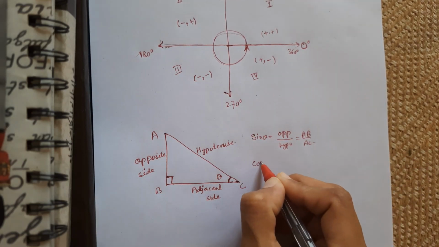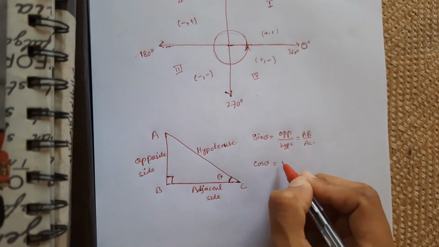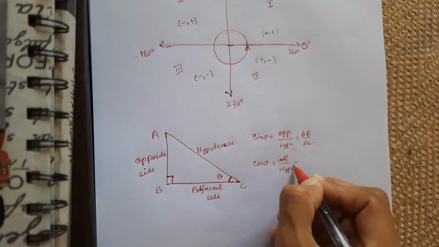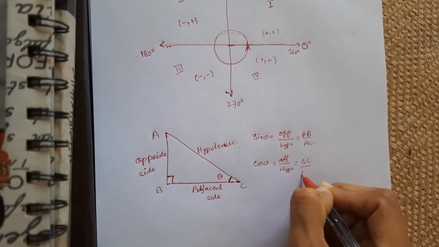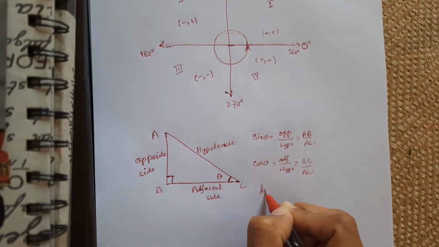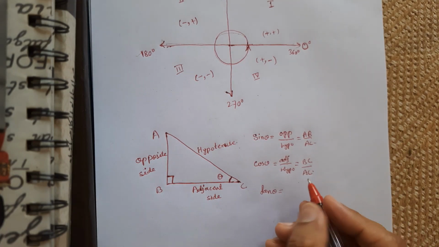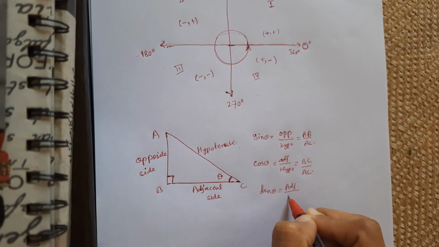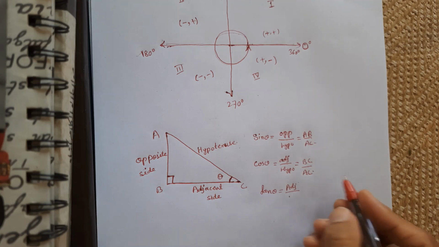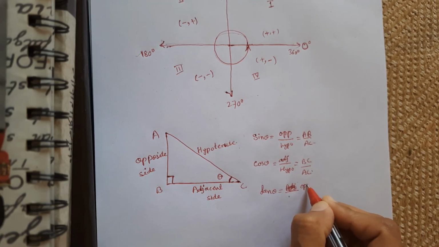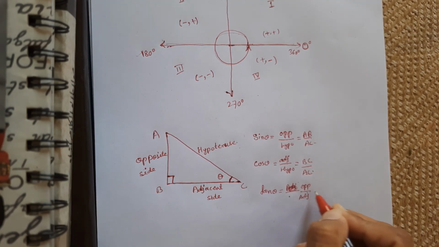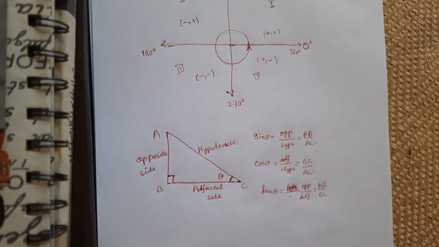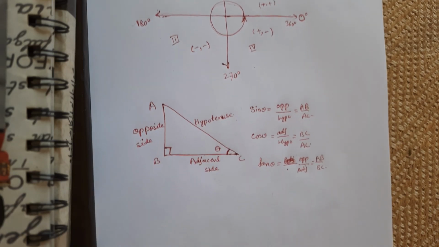Similarly cos theta is adjacent upon hypotenuse, which is BC upon AC, and tan theta is opposite upon adjacent, which is AB upon BC. This you already know.